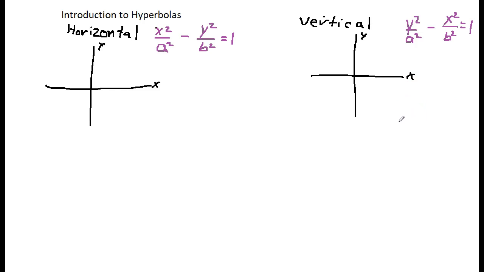The major axis in a hyperbola is not called major axis. It's called a transverse axis.